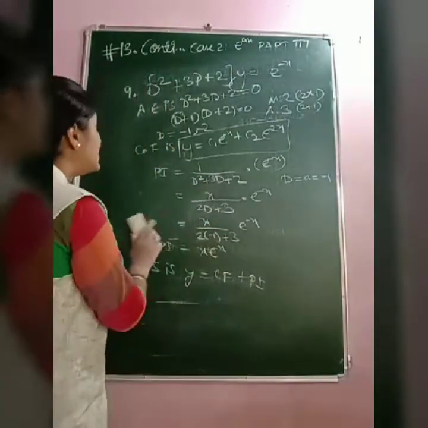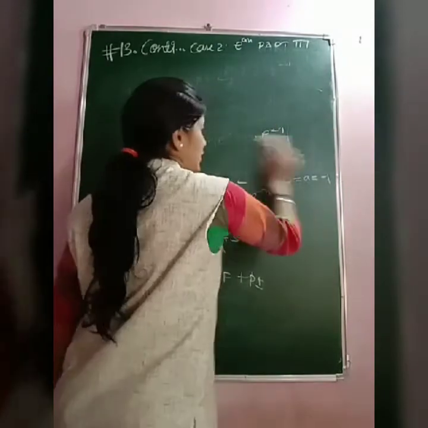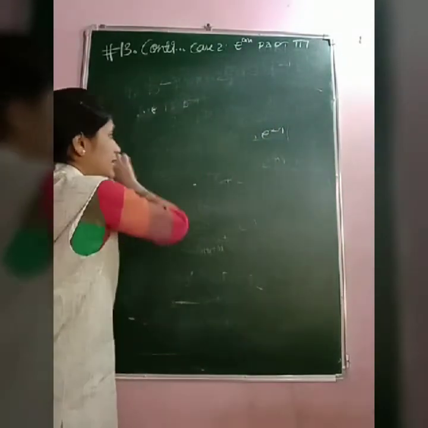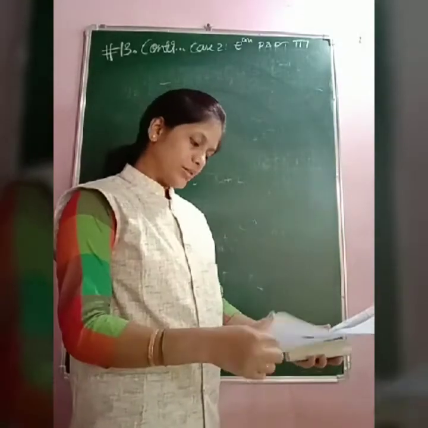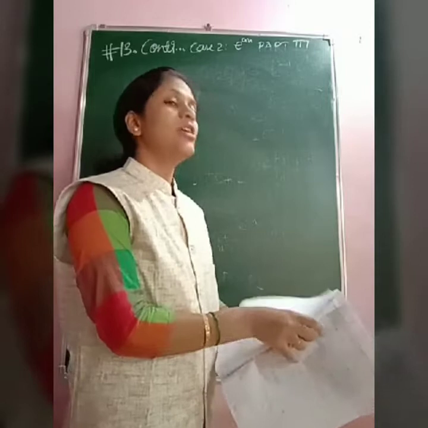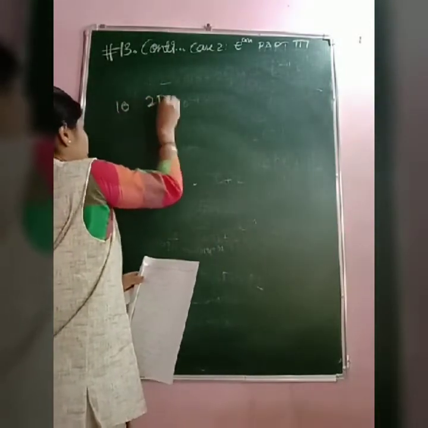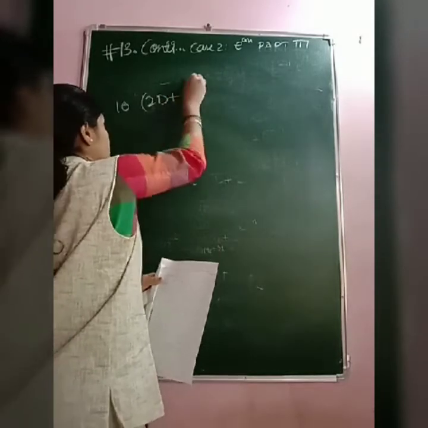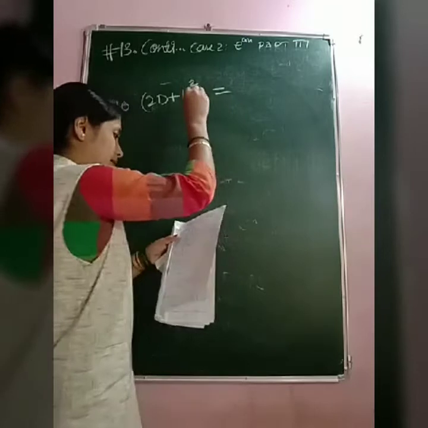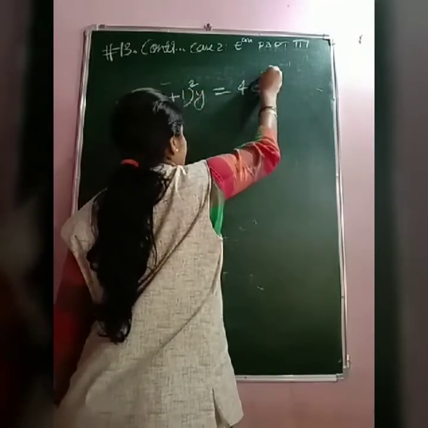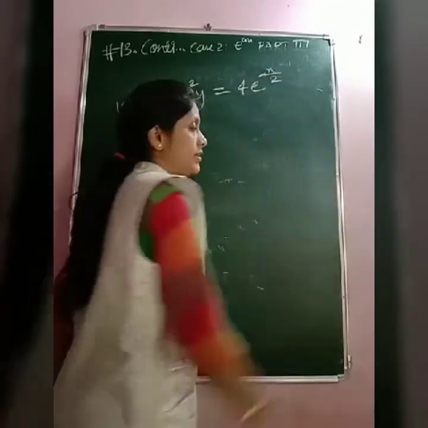So let us solve some more examples. Two more examples we will solve so that the concept will be more clear. So the 10th question is: solve (2D + 1)² y equal to 4 e^(−x/2).